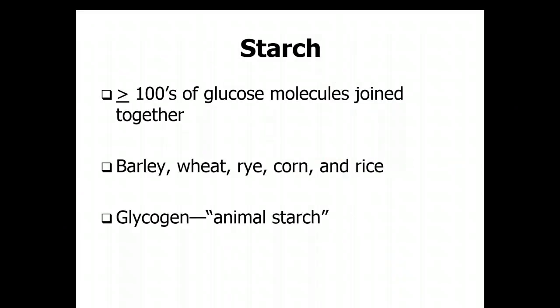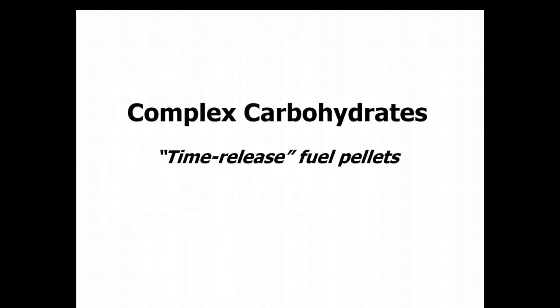So starch has hundreds of glucose molecules joined together at any one time. Barley, wheat, rye, corn, and rice are all forms of starch, and glycogen is a form of animal starch.